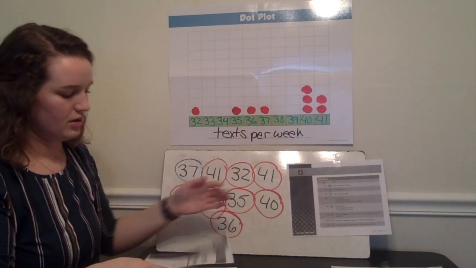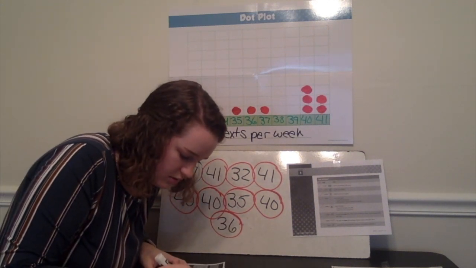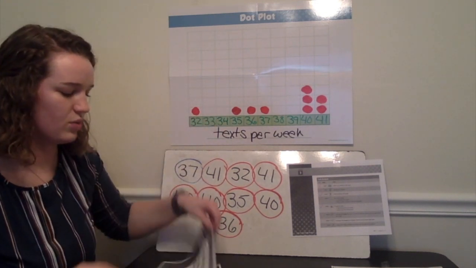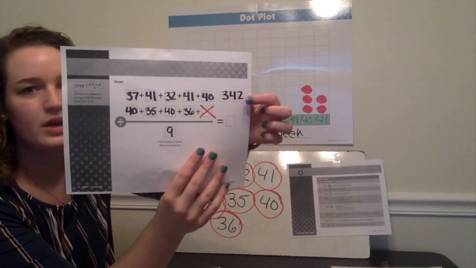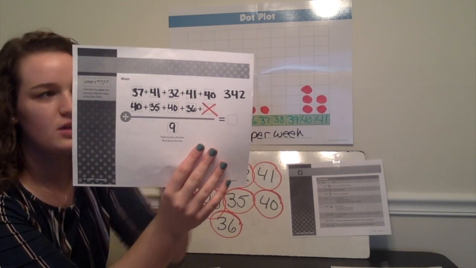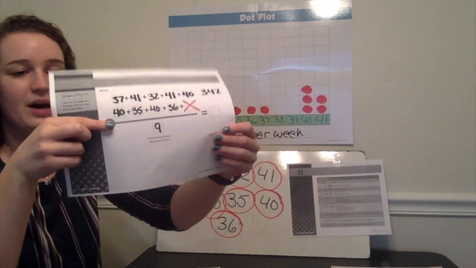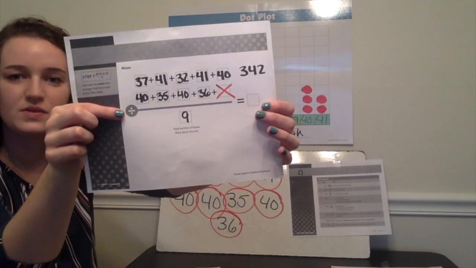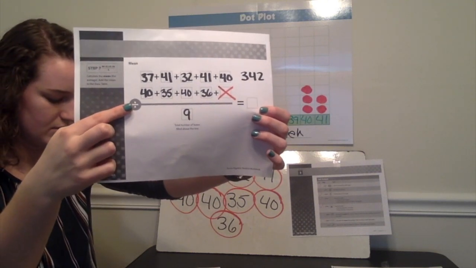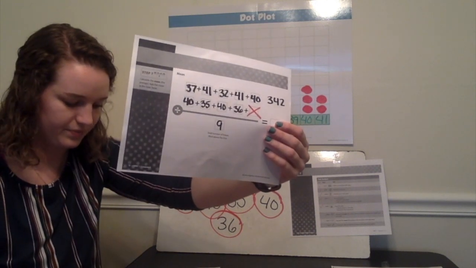So I'm going to write on the side, it equals 342. You don't have to write this down. I just want to write it down so you guys can see it. 342. Okay? So now we're going to take that number, 342, and divide it by 9. So click the dividing sign in your calculator. We'll have the 342 divided by 9.